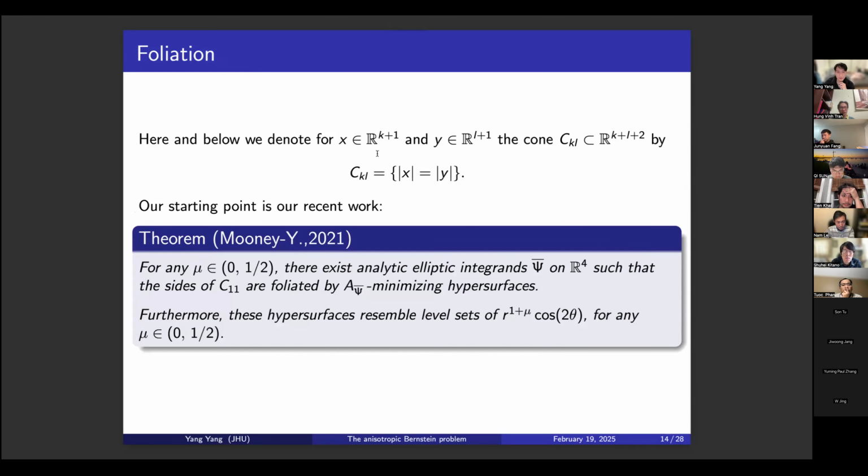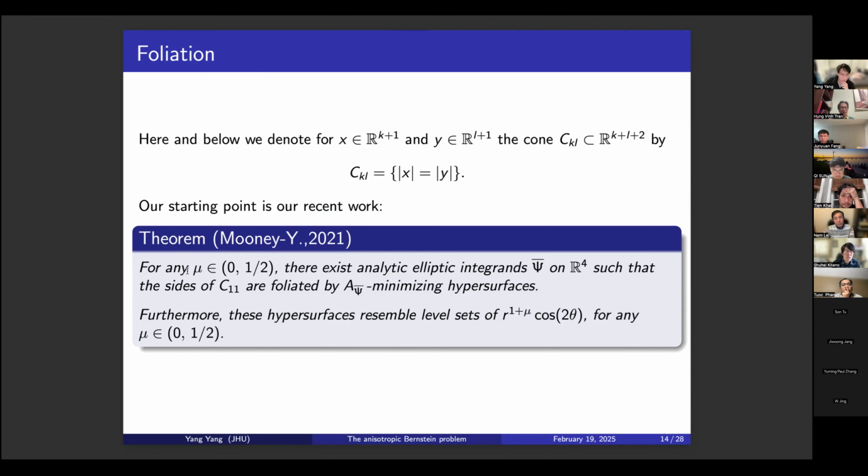Okay, so as a starting point, I want to first explain some notation. C_{k,l} represents the cones in R^{k+l+2} with |x| equal to |y|. Our starting point is, as in Bombieri-De Giorgi-Giusti, to build up the foliation on both sides of this cone C11. In R4, the cone is just called C11.